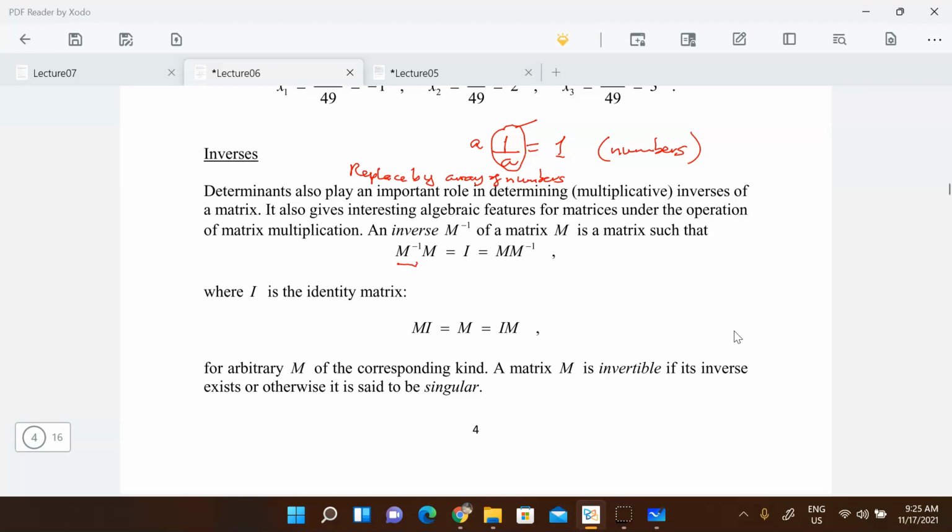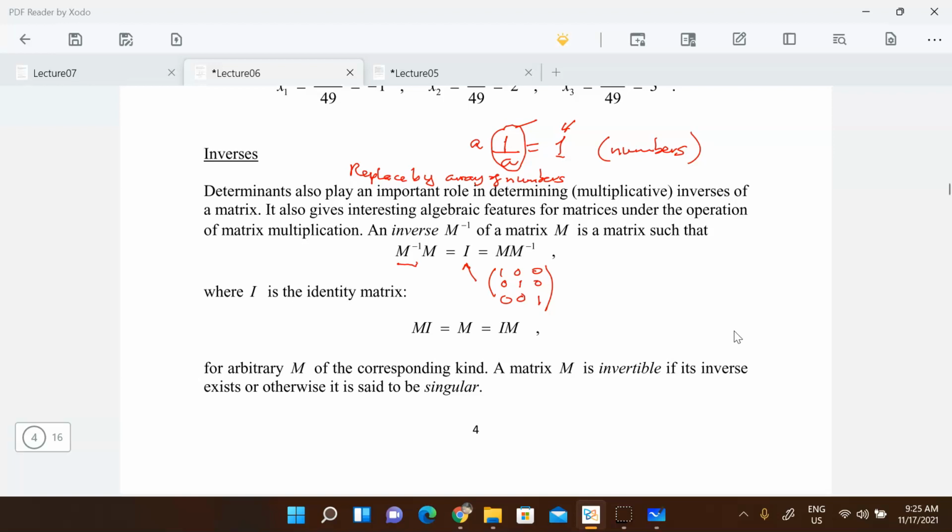So what replaces the 1 over here? The 1 over here will be replaced by the identity matrix. And what is the identity matrix? Essentially, in a 3 by 3 case, it will be 1 along the diagonals and 0 elsewhere. So you multiply the inverse to the matrix M, you'll get the identity matrix.